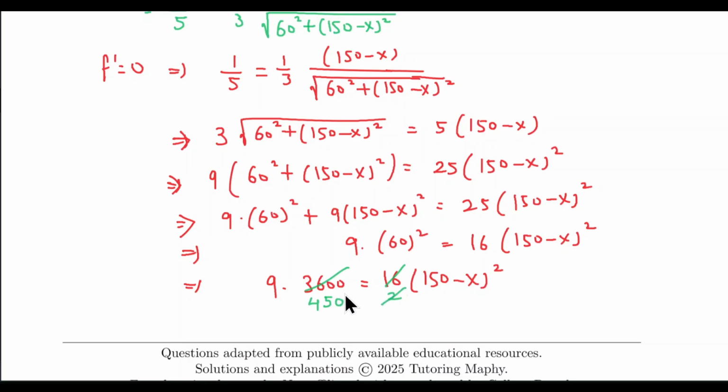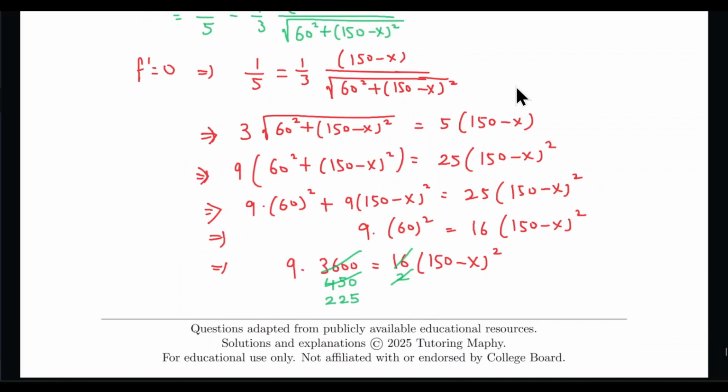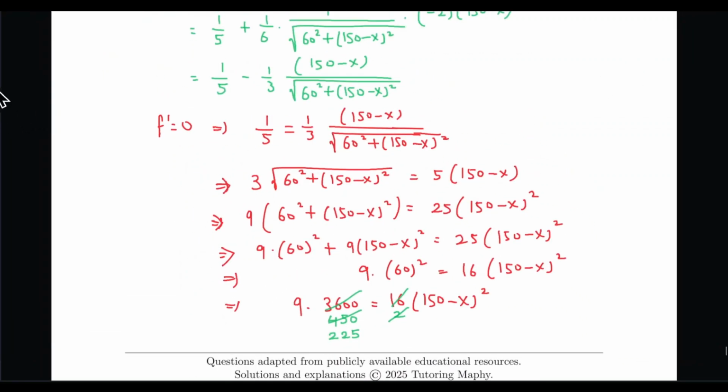And then this can again cross out: 2 times 2 is 4, 2 times 2 is 4, 2 times 5 is 10. So it's 225. Okay, I think that's actually very good for us. You'll understand in a minute because both of these are perfect squares. I'm just going to write this one on the left side. So (150 minus x) squared is equal to 9 times 225.